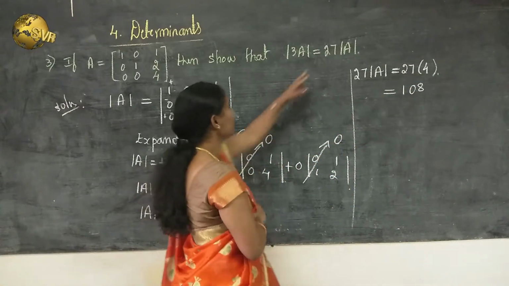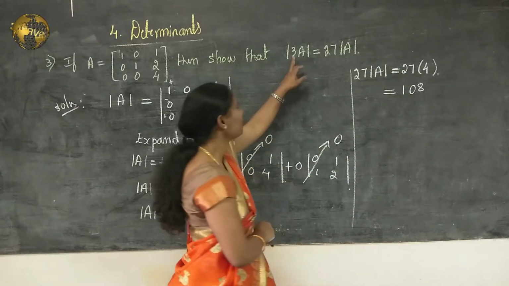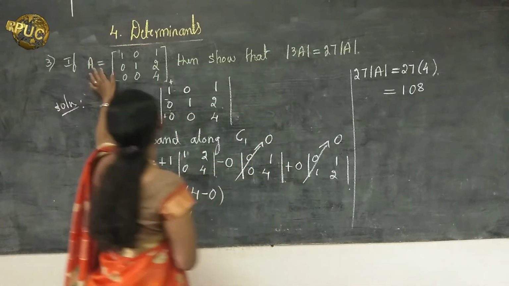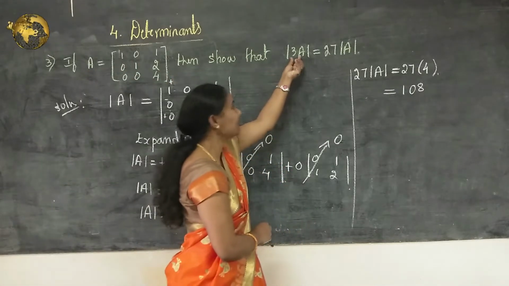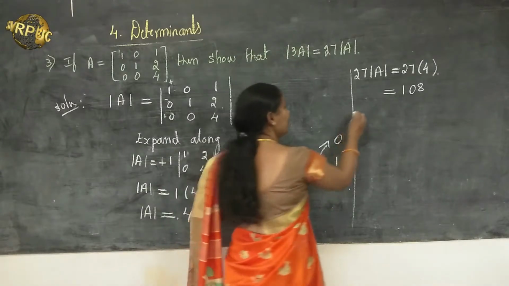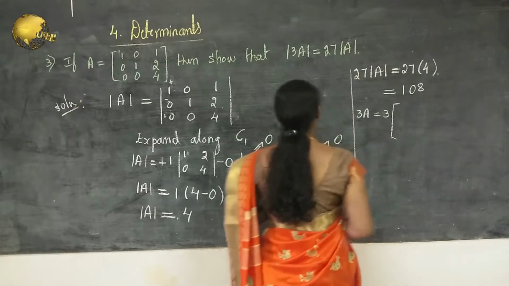So 27 into determinant of A is 108. Now we have to find the determinant of 3A. For that, first we have to find 3A, and afterwards take its determinant. So 3 into matrix A.